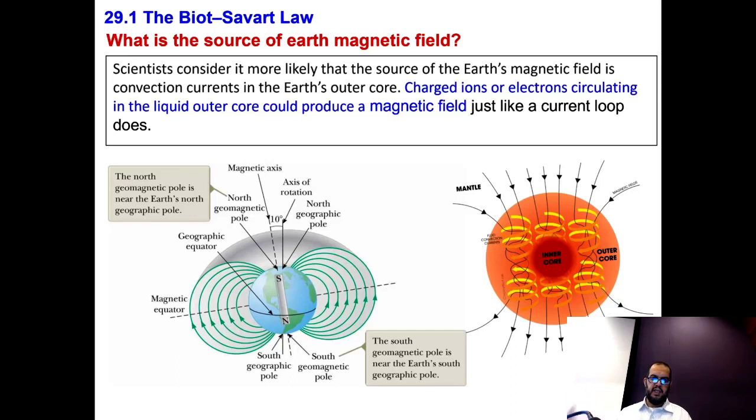They are circulating inside the outer core of the Earth. Remember, if you go deep into the Earth, it becomes molten. Everything becomes like lava, and so it's the circulating of this lava, or this very viscous material, that will generate the Earth's magnetic field, because they are charged.